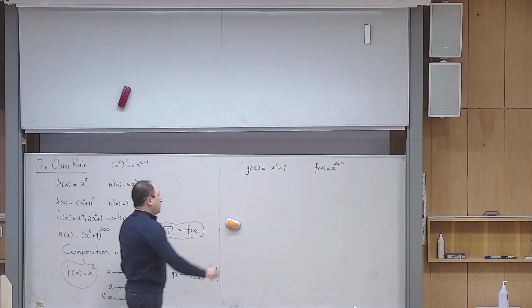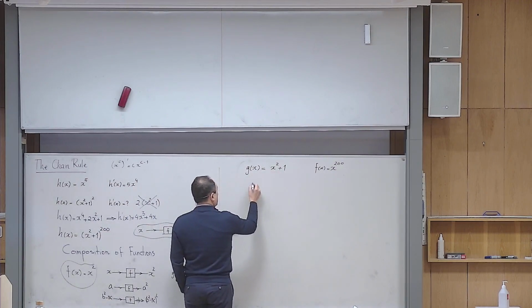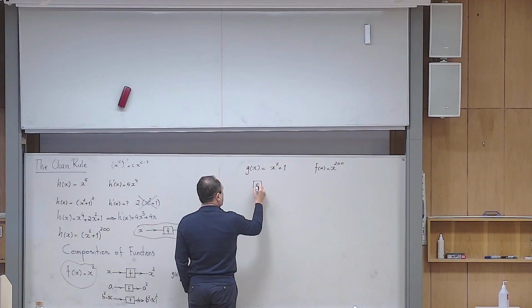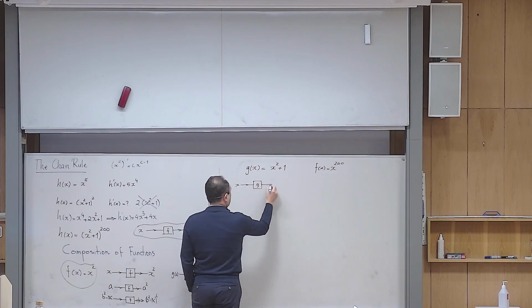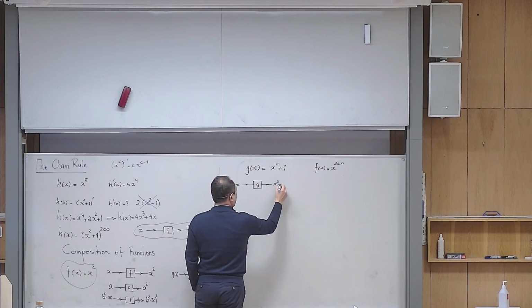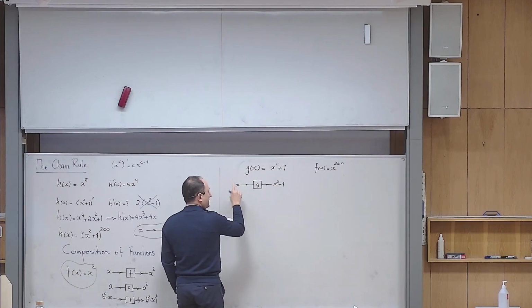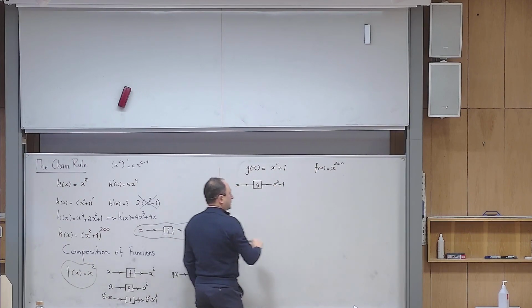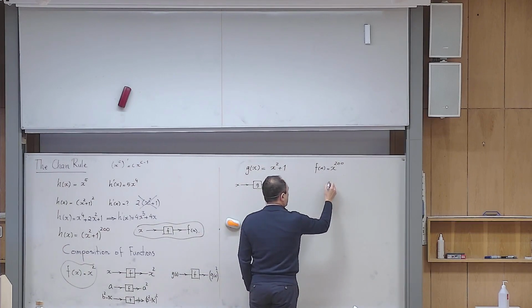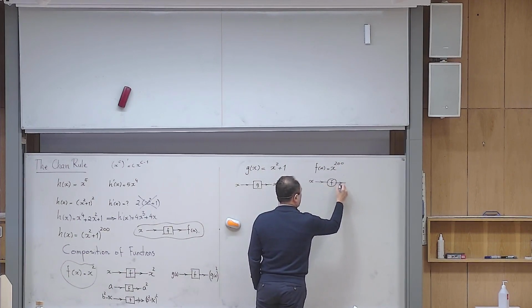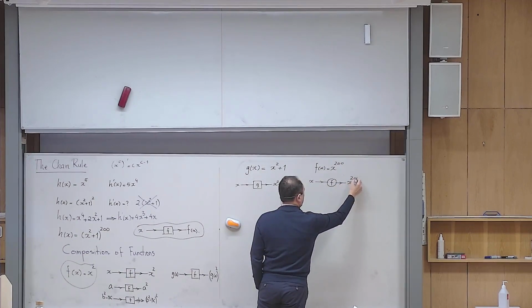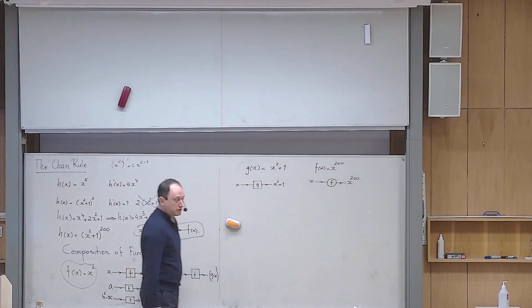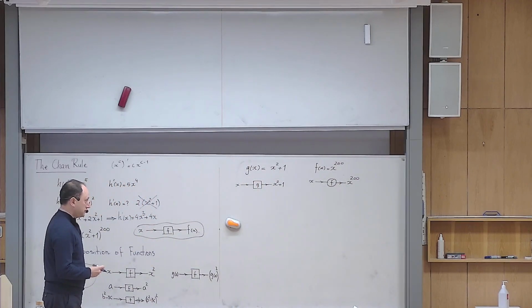Okay, so how do you visualize this function? This function is a machine g. I send x to it, it gives x squared plus 1 back to me. And x is just a name for the input. Okay, so here, what is f? Let me write f as a circle. I send x here, and then what do I get? I get the input to the power 200 back. So this is how you visualize these functions.